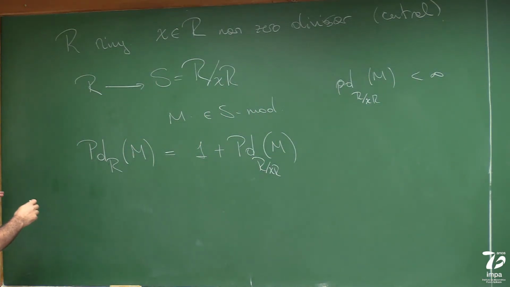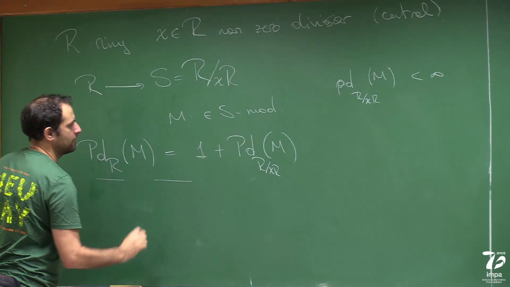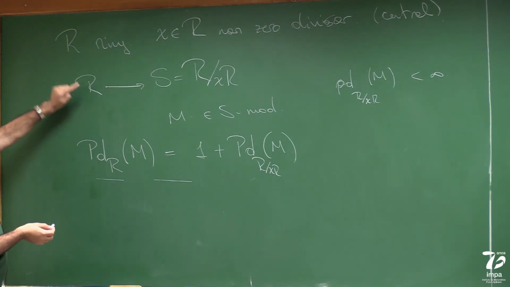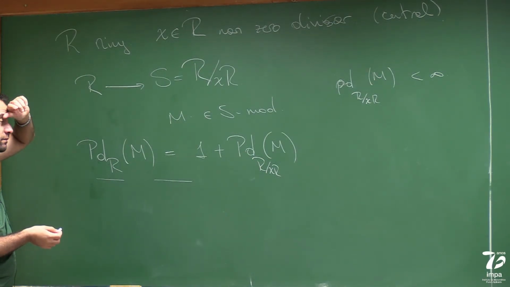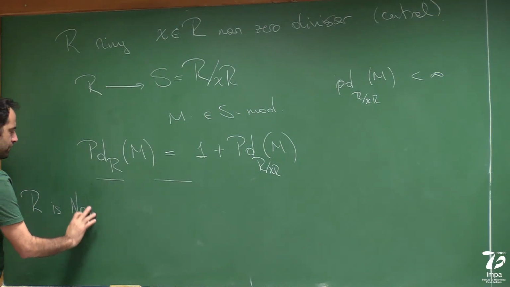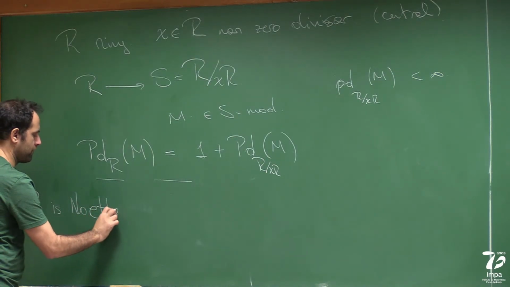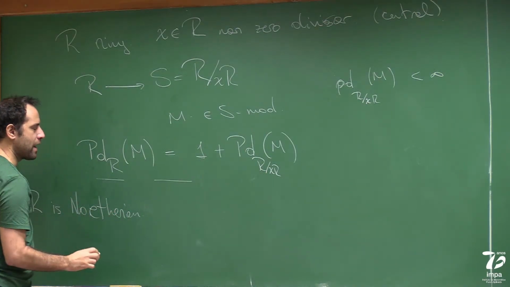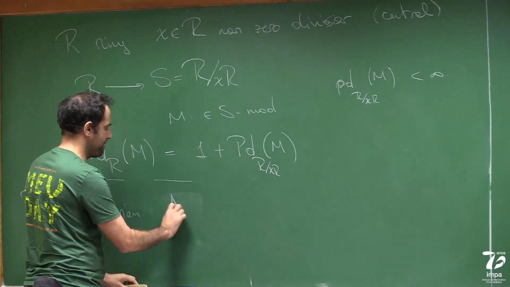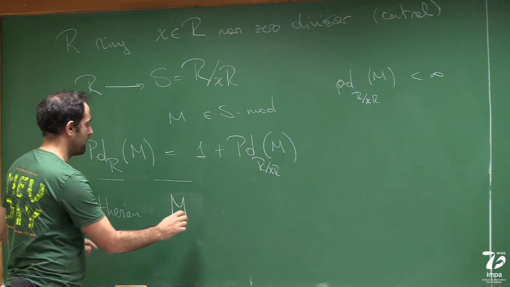Okay, so the next one that we proved was, well, let's grab a module over M itself, but now let's require R to be Noetherian. So if R is Noetherian, and now we have some extra conditions. So now we'll grab M, which is a module over R now.